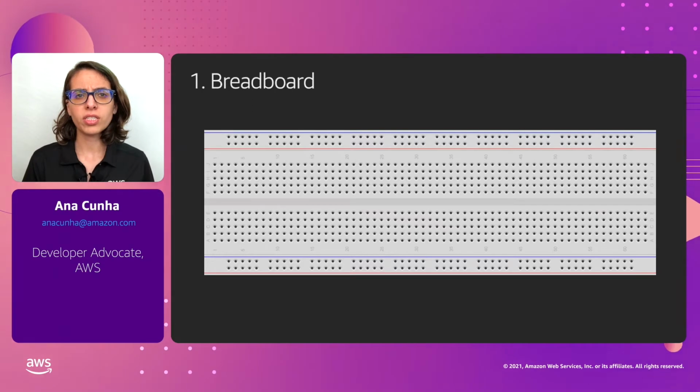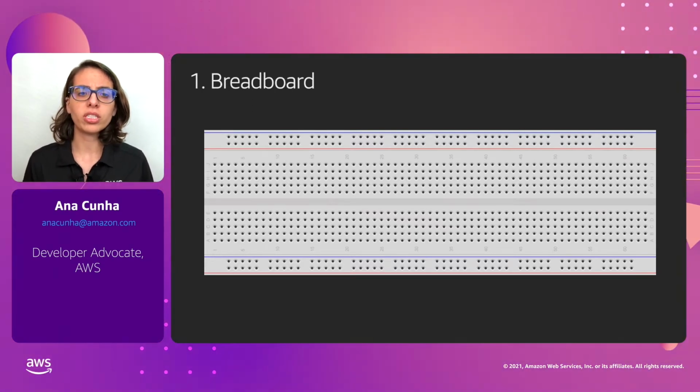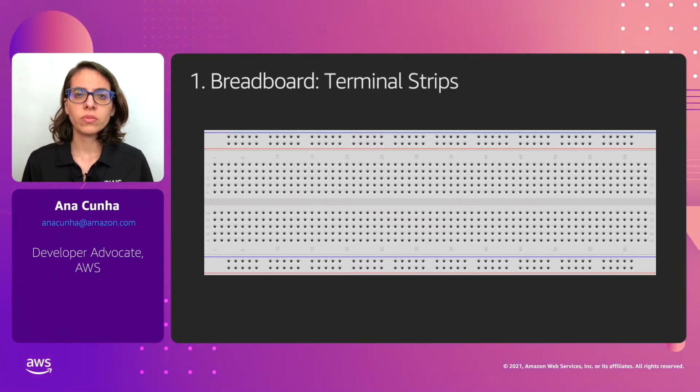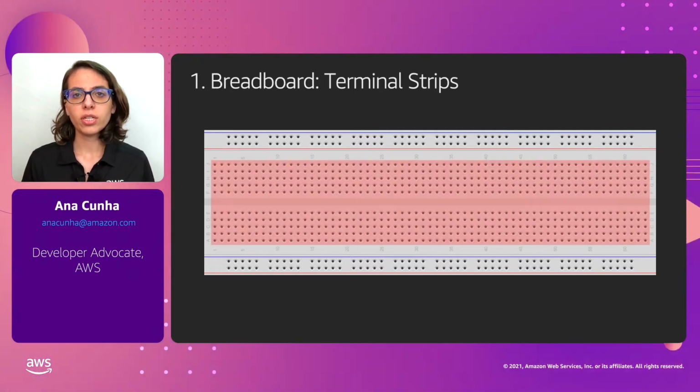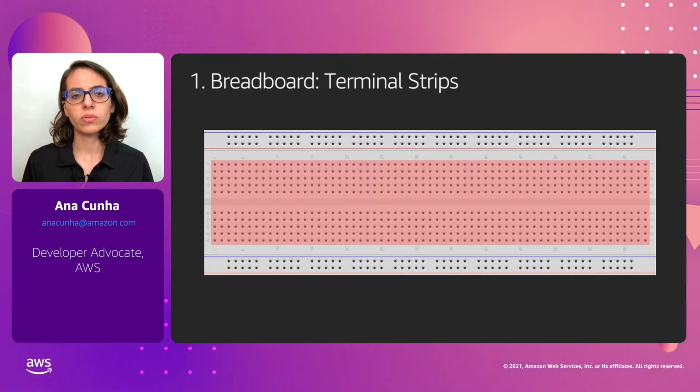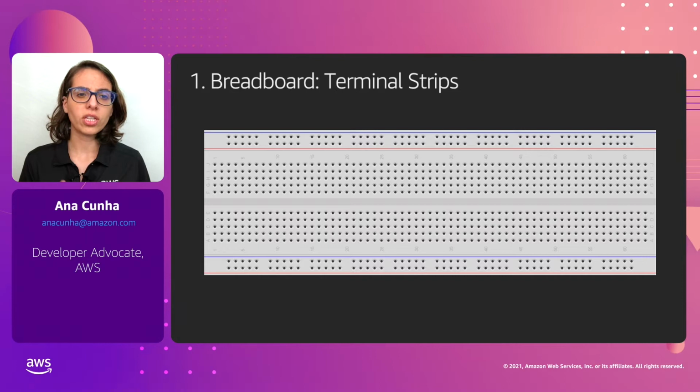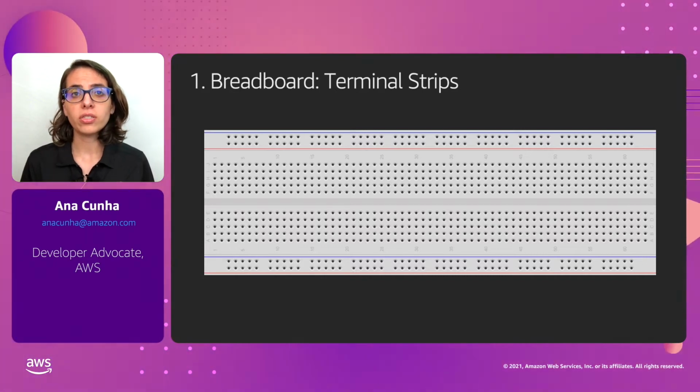The breadboard has some distinct areas that are very important that we understand. The first one are the terminal strips. They live in the middle of the breadboard, and they are used to connect electronic components. In this orientation that we have right here, the pins on the terminal strips are connected in columns.